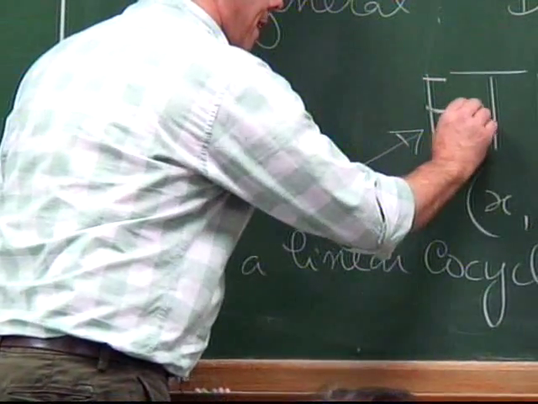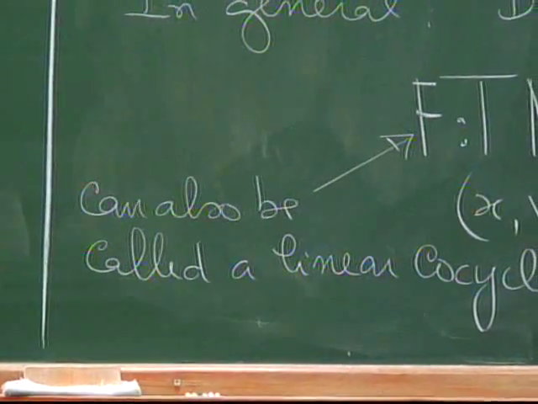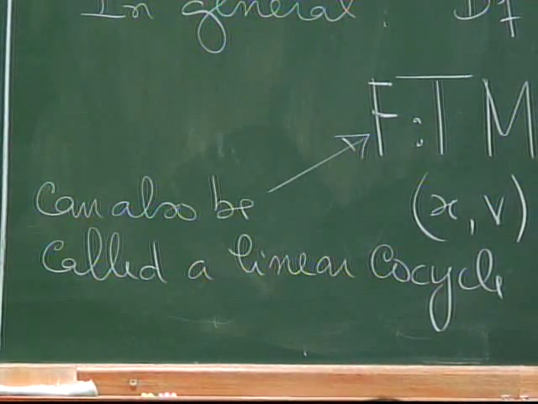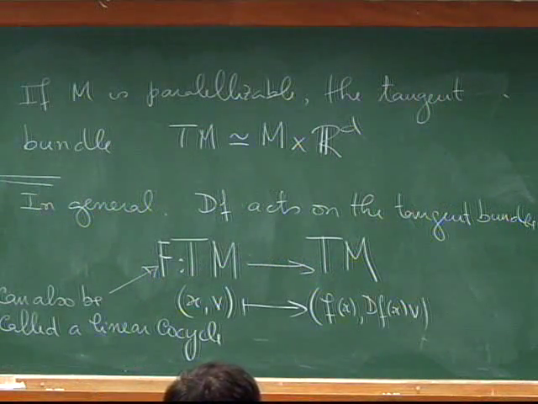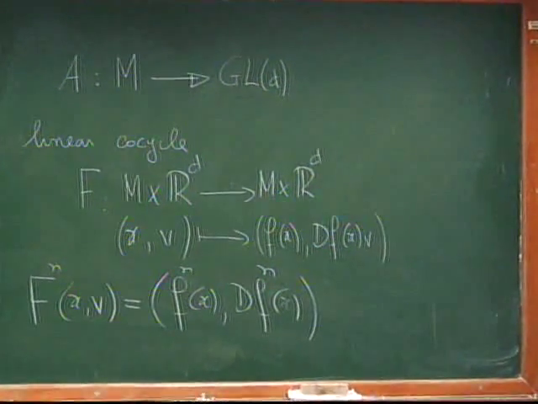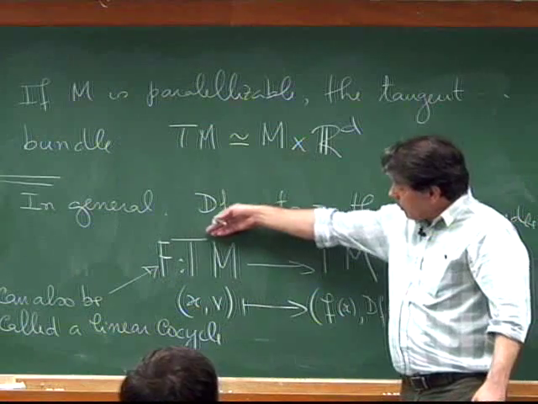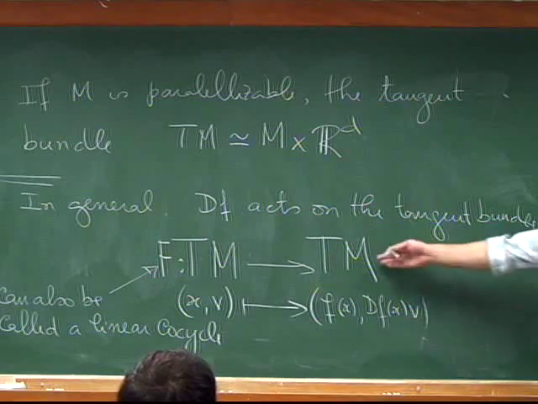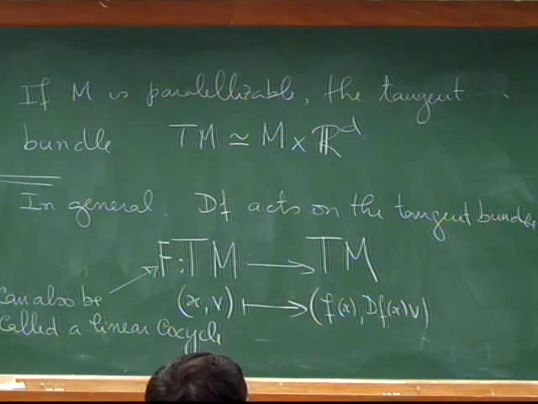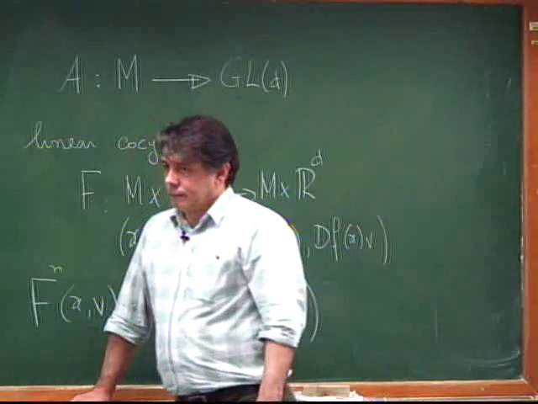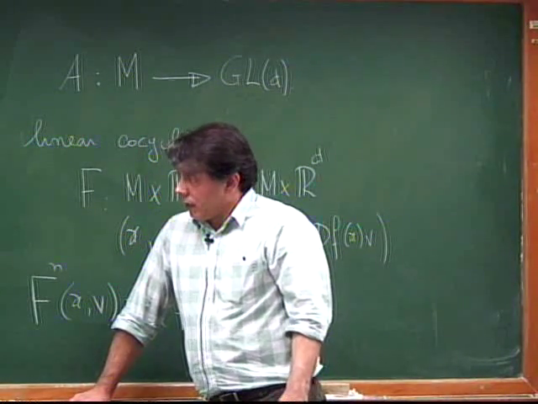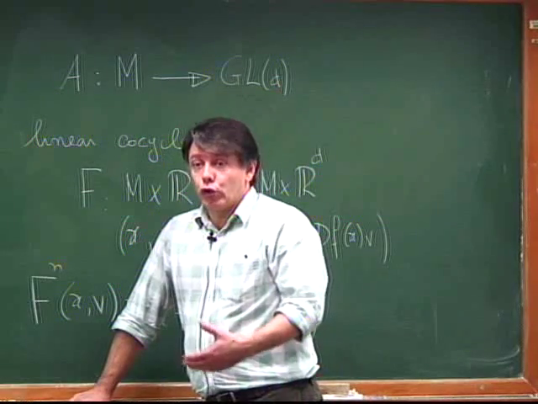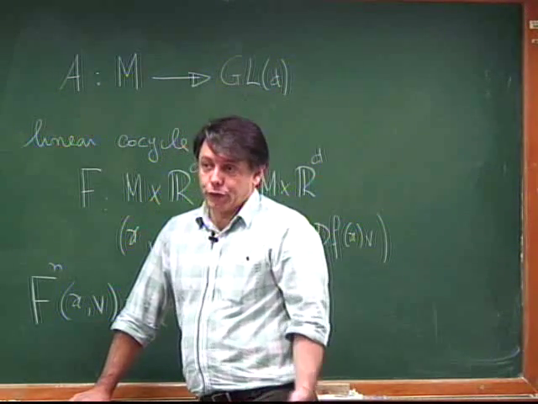What I'm saying is that my definition of linear cocycle requires the ambient space to be a product, but I could generalize the notion to include examples such as this, where the ambient is not a product, is a fiber bundle, a vector bundle over M. There are various reasons why I could do that, and various reasons why I'm not going to do that.